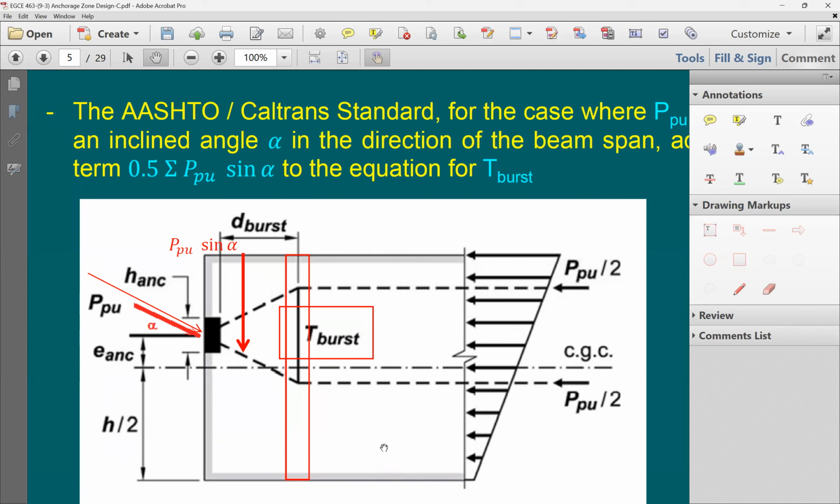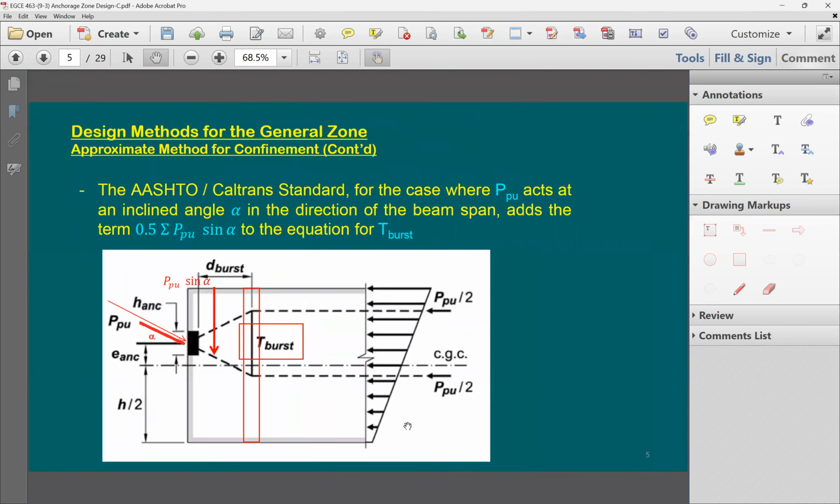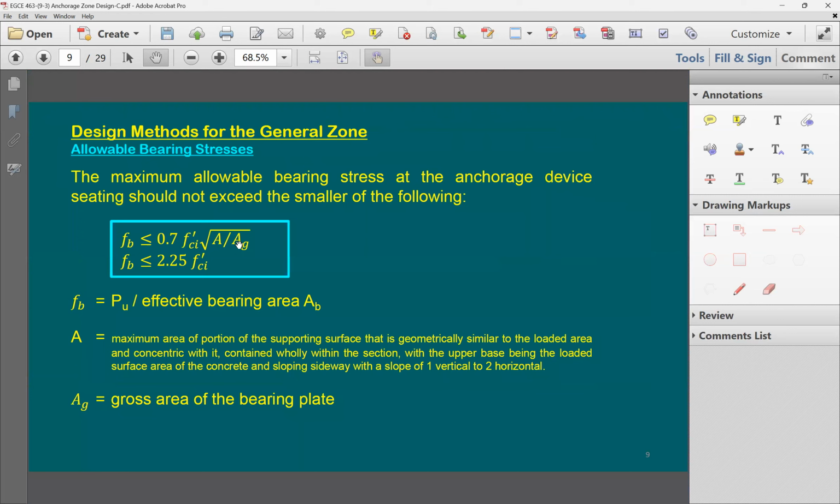In a case like this, there is no confinement coming from the concrete to help in bearing. If you go here and look at the equation, you can say, yeah, A now becomes the same as A sub G. A sub G is giving the total area of the plate, the gross area of the bearing plate. And A is giving the area, let's say, of the beam, just to make it simple. Cross-section area of the beam.